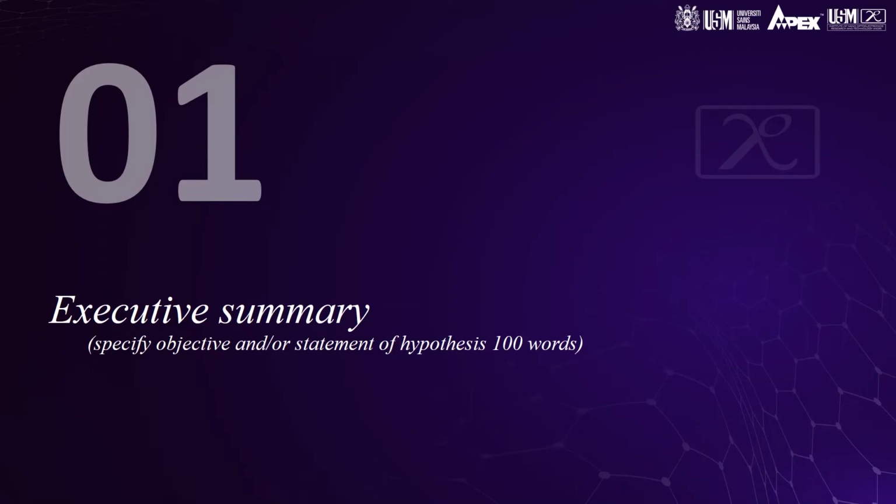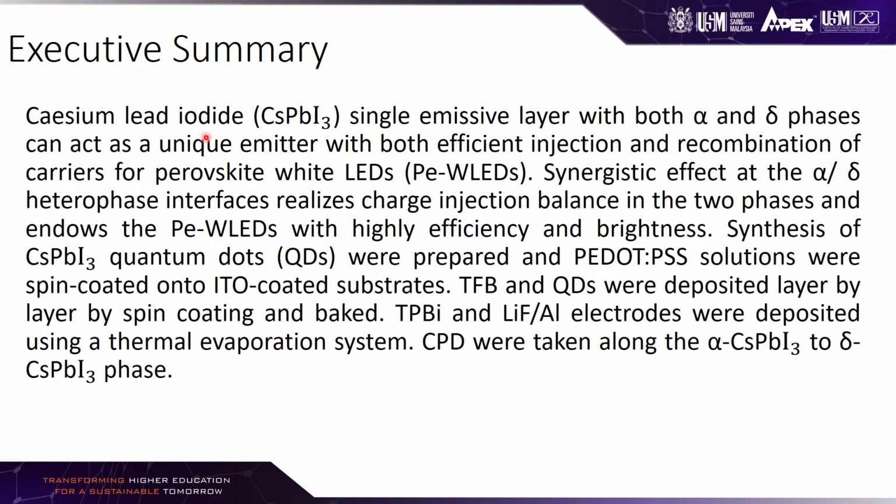Abstract for Journal 2: a cesium lead iodide, CsPbI3, single emissive layer with both alpha and delta phases can act as a unique emitter with both efficient injection and recombination of carriers for perovskite white LEDs, which we can simplify as PeWLEDs. The synergetic effect at the alpha-to-delta heterophase interface realizes charge injection balance in the two phases and endows the PeWLEDs with high efficiency and brightness.